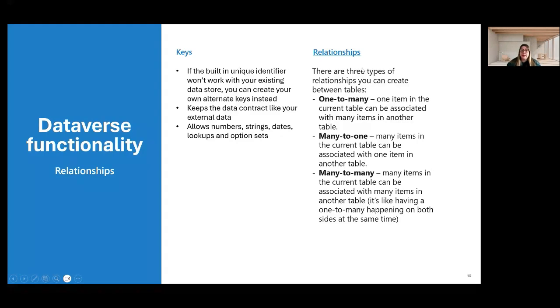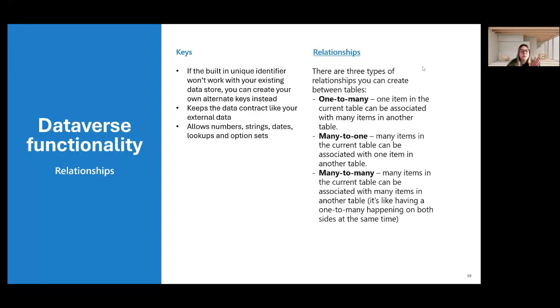And then relationships. Here we have three types of relationship that you can create in Dataverse. One to many: one item in the current table can be associated with many items. So one record can have many other records related to it. It's the way that you link your data.